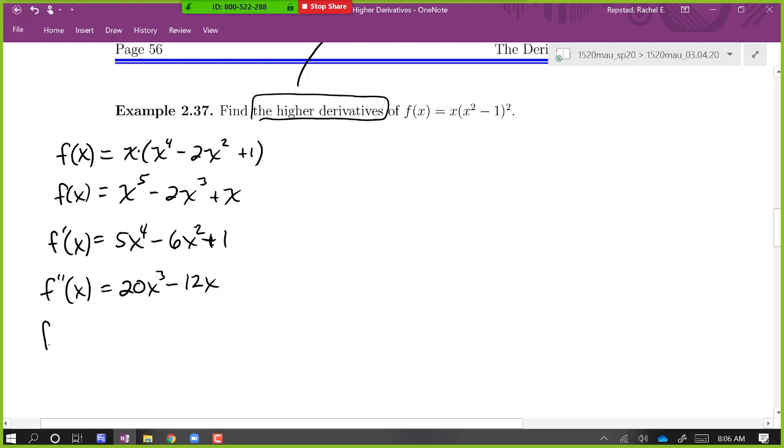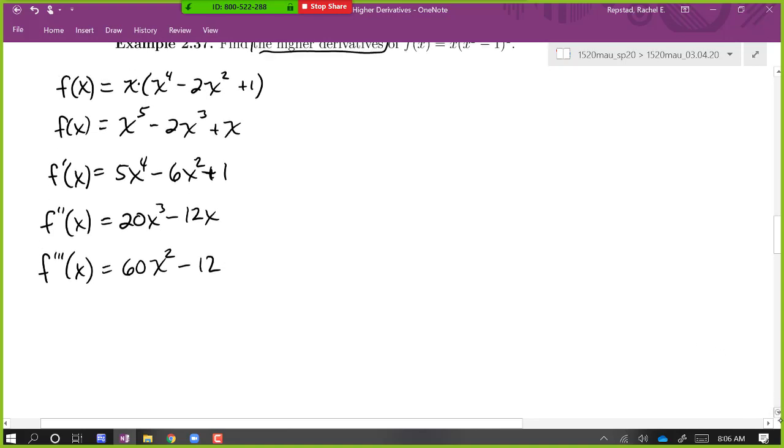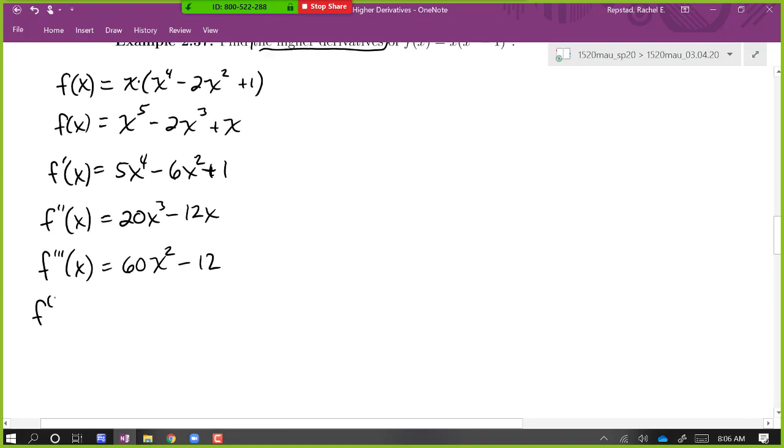We can keep going. Our third derivative is 60x squared minus 12. Our fourth derivative is 120x. Our fifth derivative is 120.